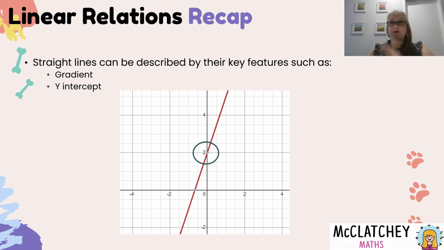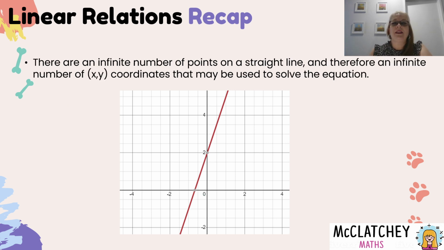Intercept means to pass or to connect. So if you're intercepting football, you're connecting with the person who's got the football. So that is our intercept right there. We can also describe a line using its x-intercept, and our x-intercept is down here where it connects with the horizontal x-axis. So that's a bit of a recap of linear relations.